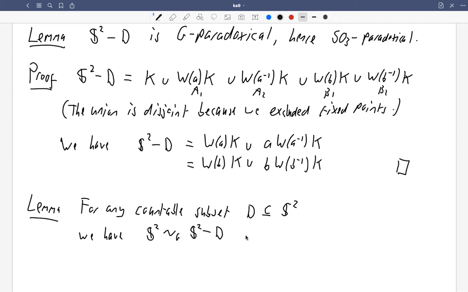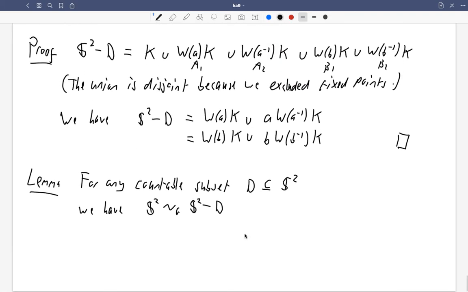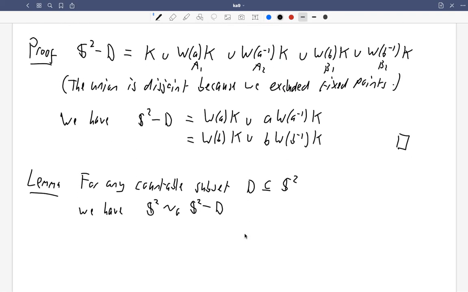So of course we're going to apply this in the case that D is the set of fixed points, but actually it applies to any countable subset.